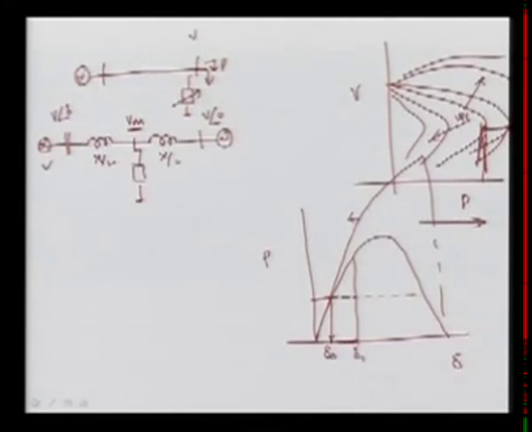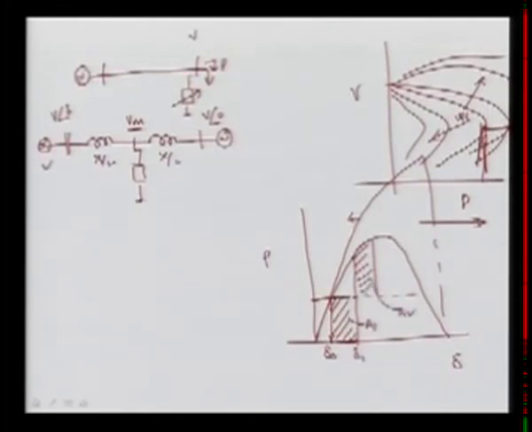Once the fault is cleared, it will follow this curve and it will see that your mechanical power which is flowing here is more than your electrical power and the machine will decelerate, up to a certain extent, and here it will be this area. So the area here is called the accelerating area A1. This is your area that is called the decelerating area A2.